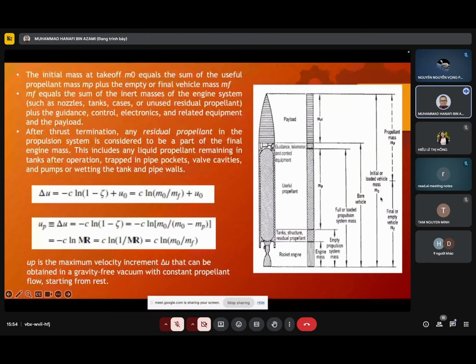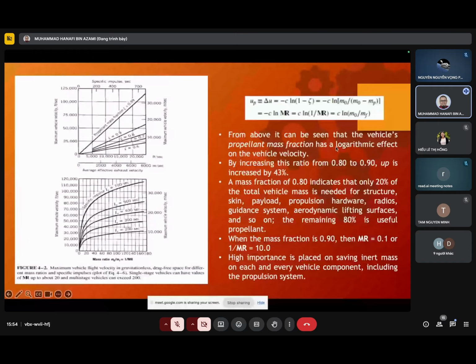Taking back the initial equation, they try to simulate it in a graph or in a figure. As you can see in figure 4.2, if zeta is higher, what do you mean by zeta higher?